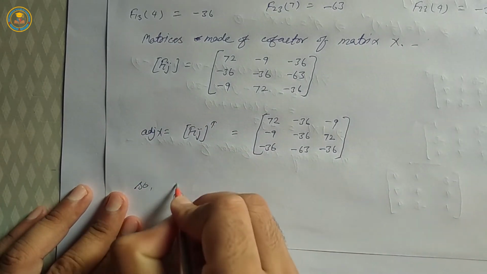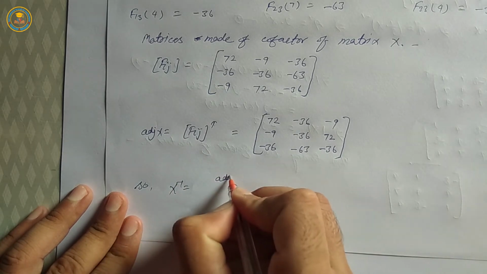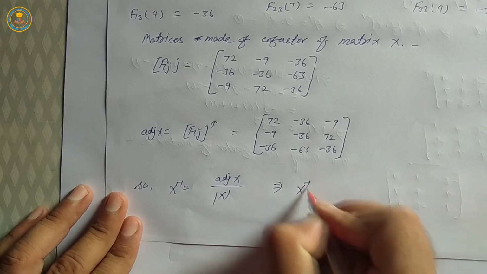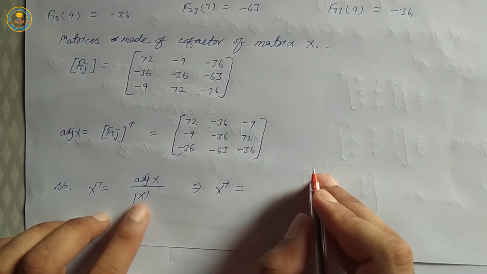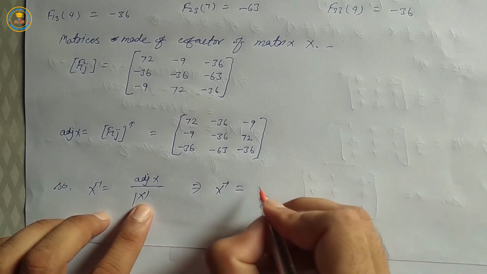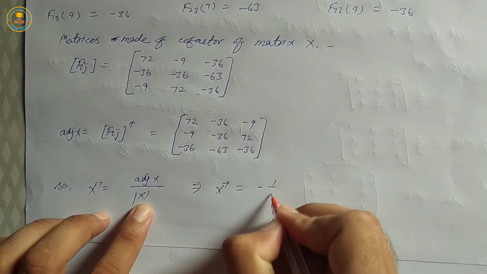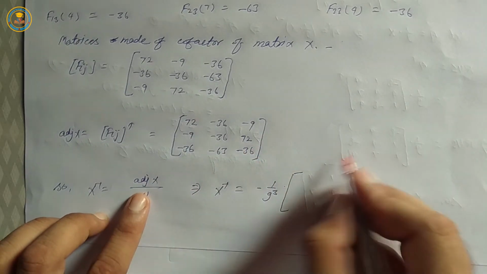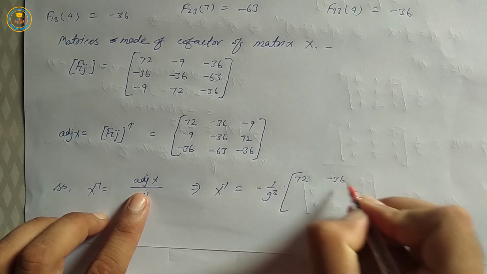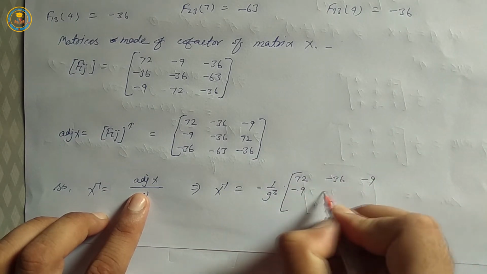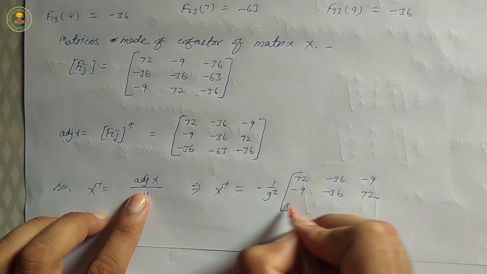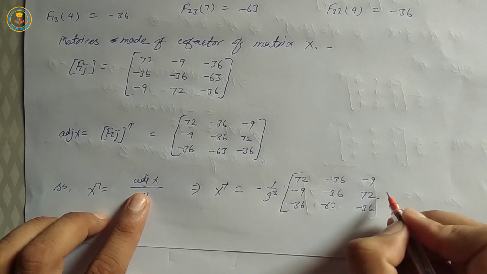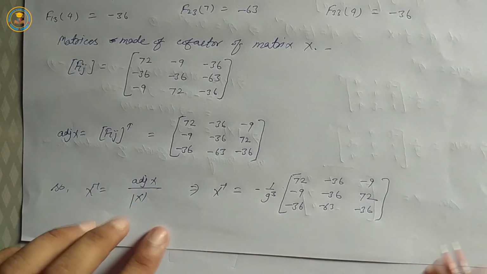So X inverse is equal to adjoint of X by determinant of X. Implies X inverse is equal to 1 upon minus 9 to the power 3 into adjoint of X, [72, -36, -9; -9, -36, 72; -36, -63, -36].